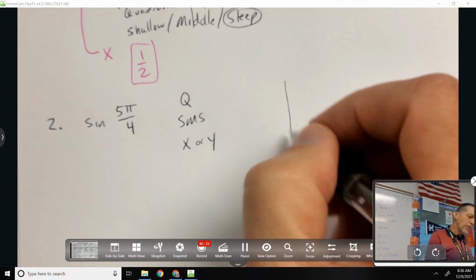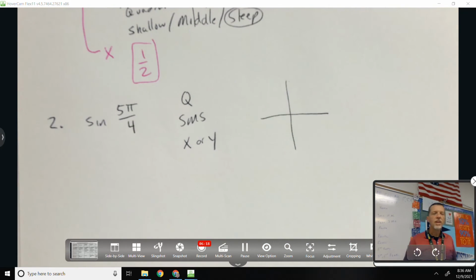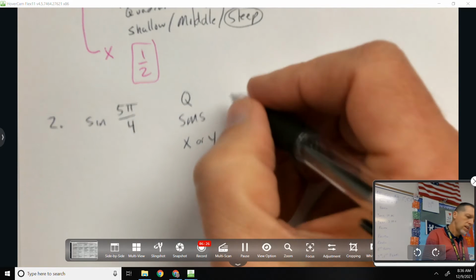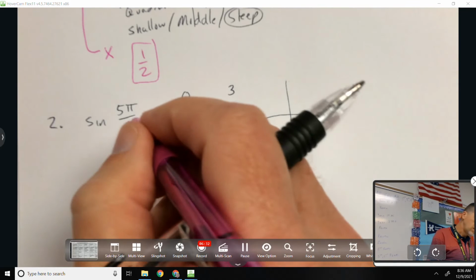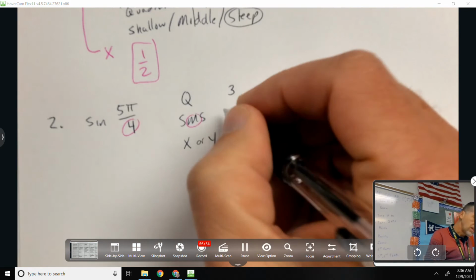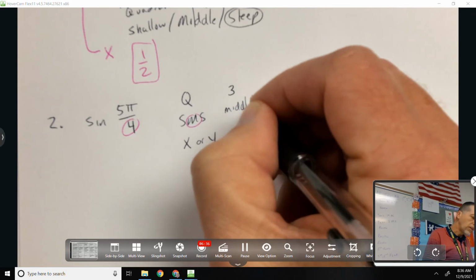All right, 5 pi over 4. What quadrant is 5 pi over 4 in? Third. It's a little bit past pi. Is it shallow, middle, or steep? Middle. So I need a third quadrant middle angle.